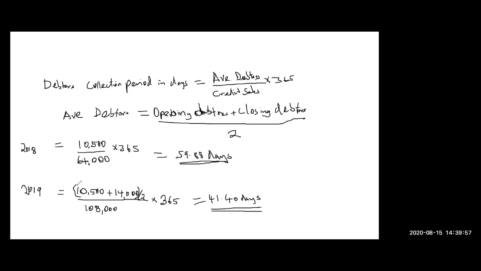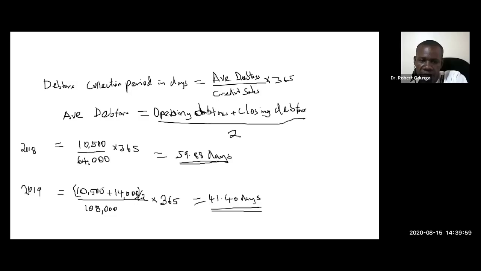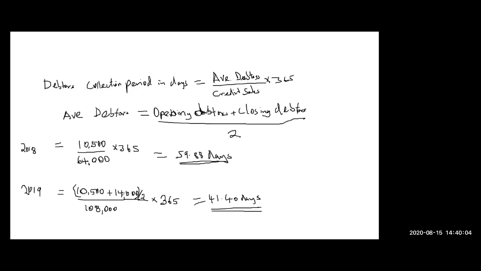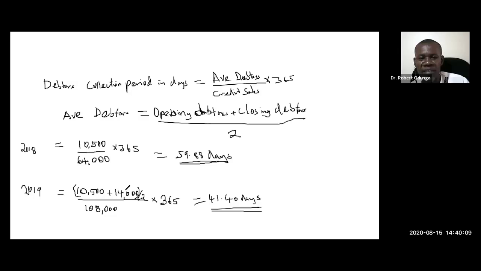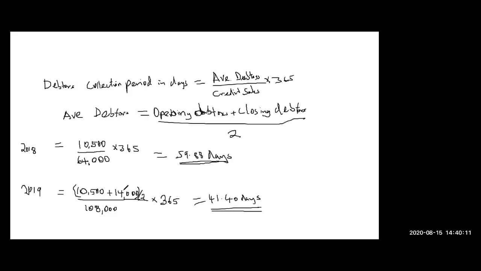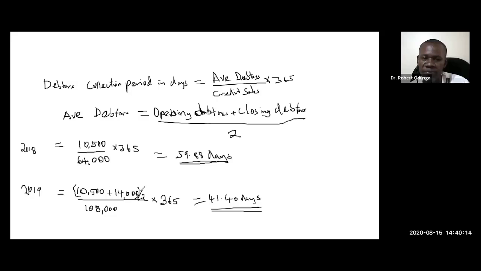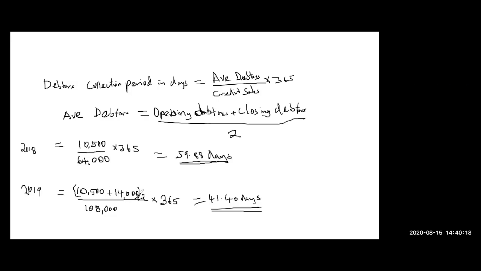When you have a sum like this, you have to apply BODMAS. BODMAS means you start with the bracket: open the bracket, add this to this, and then divide by 2 first. So bracket, then division. After you get your answer, you divide by 108,000, and then you multiply by 365. You should get this, I hope so.